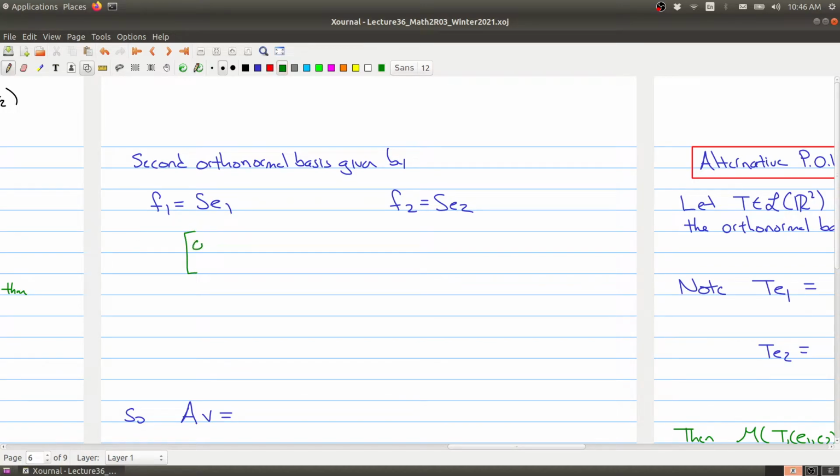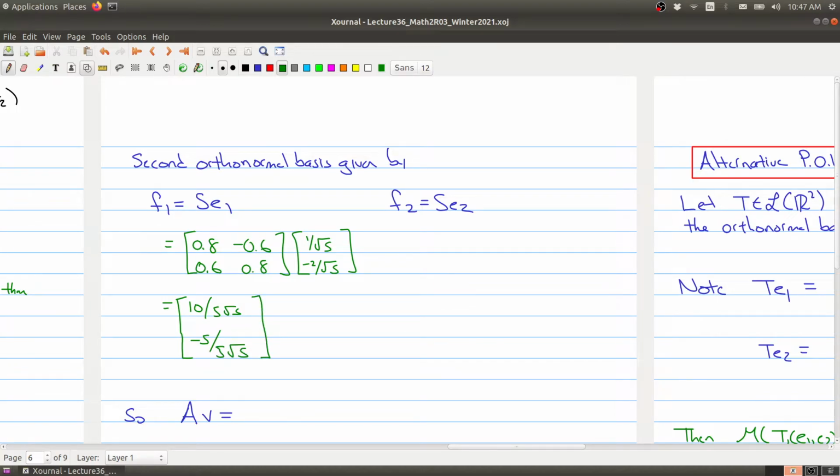This is the matrix 0.8, 0.6, negative 0.6, 0.8 times the first vector, 1 over root 5 and negative 2 over root 5. And this becomes the vector 10 over 5 root 5, and this becomes 5 over 5 root 5.